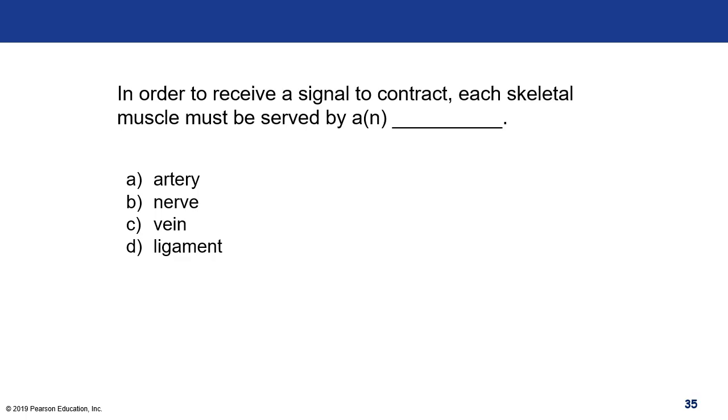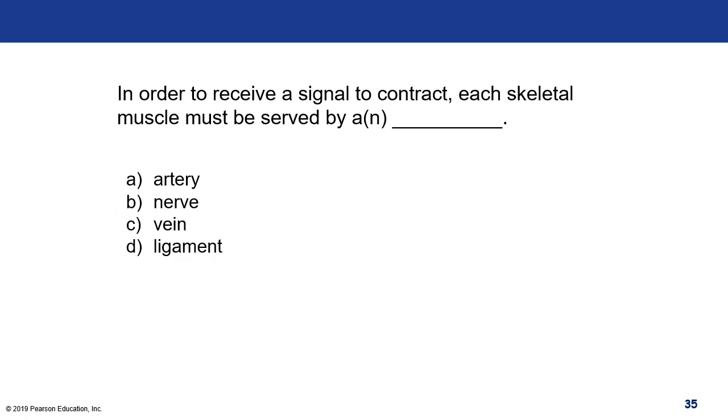He didn't even contract yet, he's just thinking about contracting. Does anybody need more time? Everybody got the points? Okay, I'm going to stop it. What is your answer? B, that is your nerve.